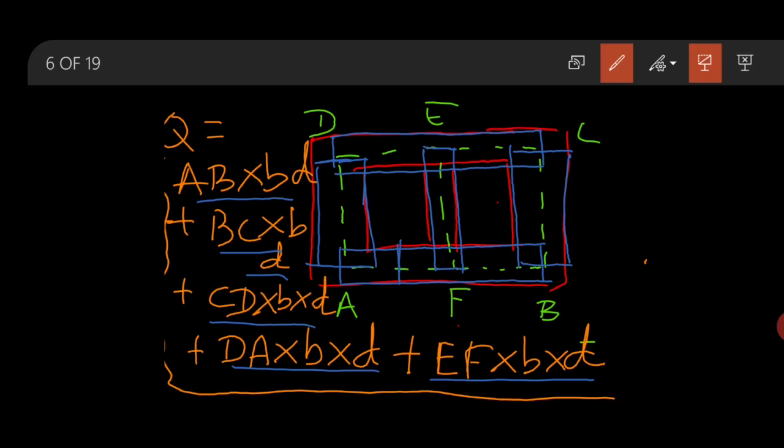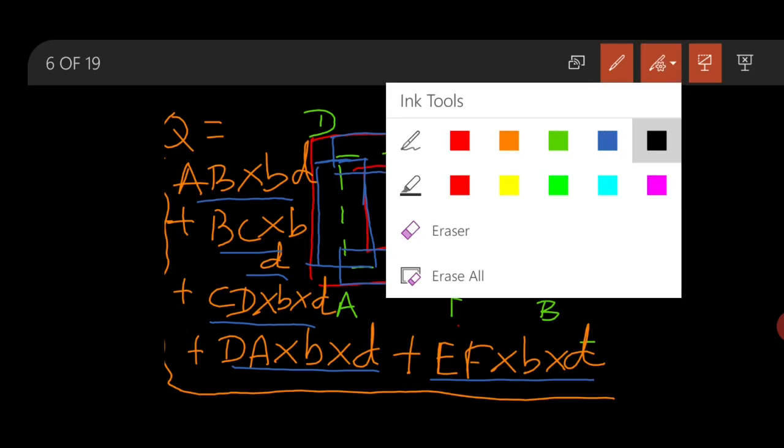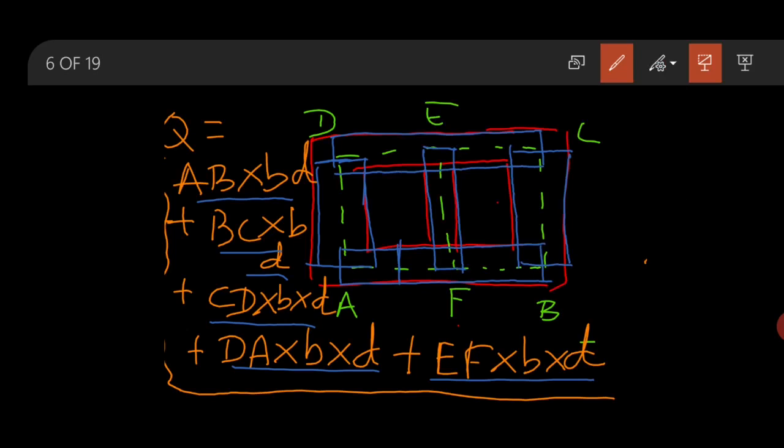In the last class, we have seen that there is some common portion, such as this one, this one, this one and this one.